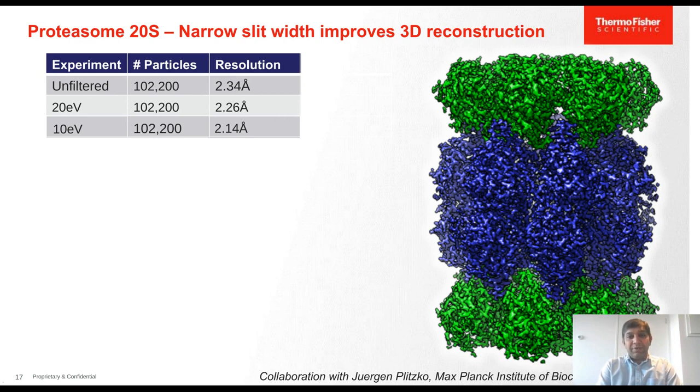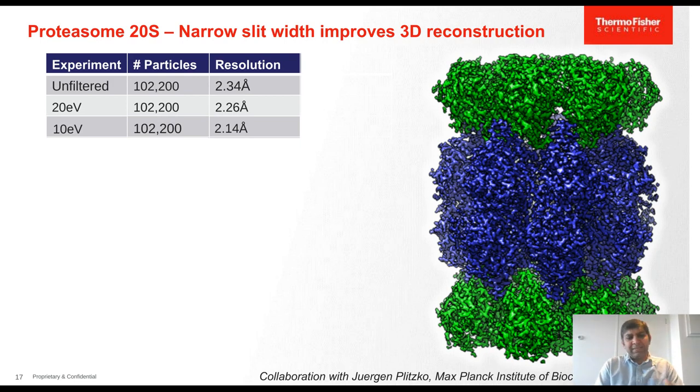That's a massive difference, going from 2.3 to 2.14. It also shows that the 20 eV slit, which is generally used as standard in the field, is good, but with 10 eV, you can get even better resolution.